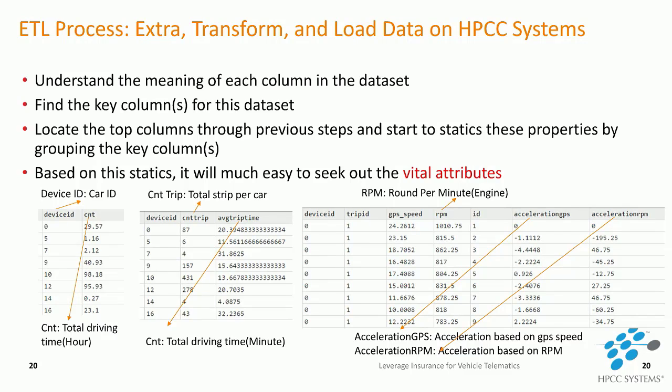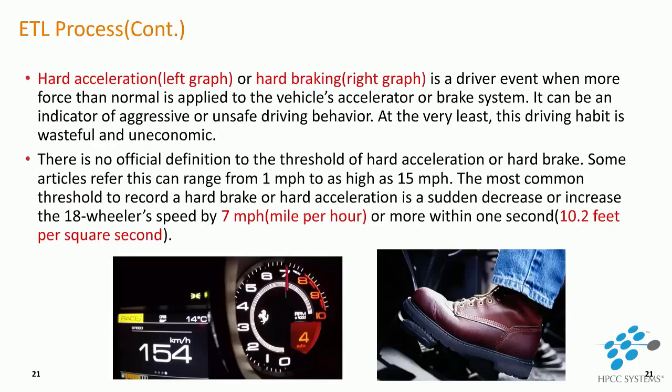The AVG trip time column indicates the average time per trip per car. The primary key for the right chart is device ID and trip ID. Acceleration GPS column shows the acceleration based on GPS speed. Acceleration RPM column means acceleration based on RPM.